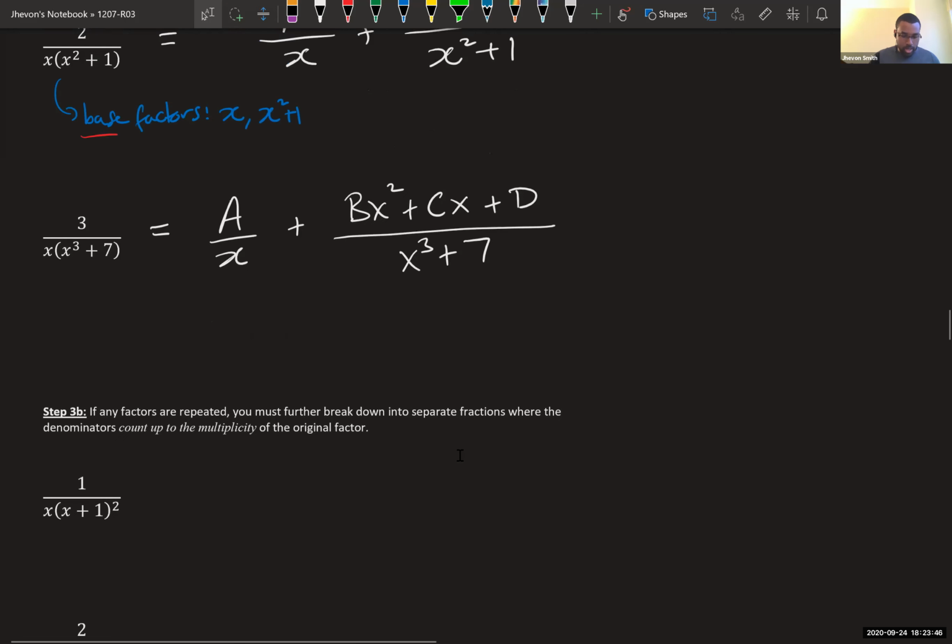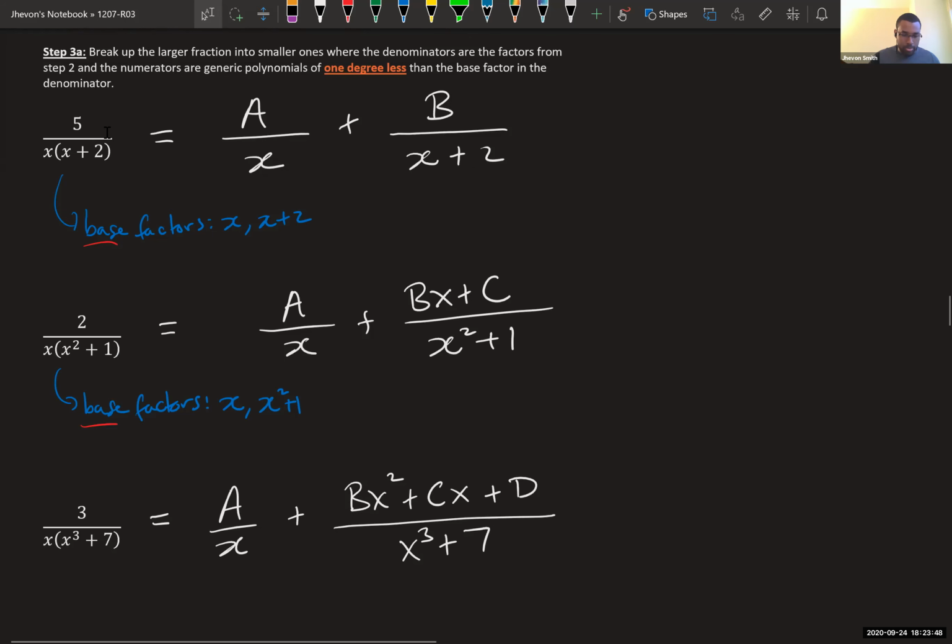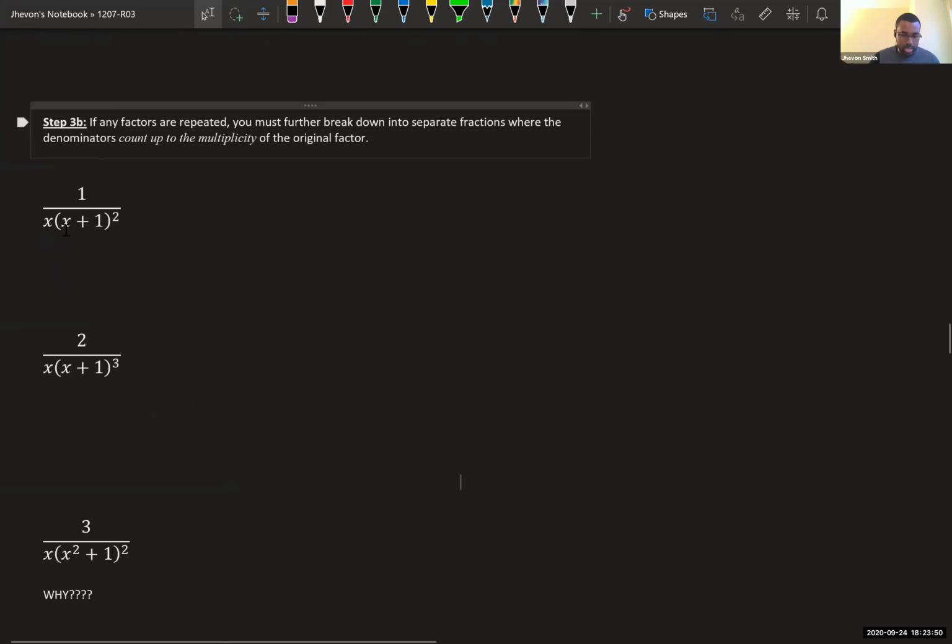Okay, let's look at this first example. It's very comparable to the first one here, except you will notice that the x plus 1 itself is squared, which means there is a base factor of x plus 1, but it's repeated. So there is a factor of x plus 1 in the denominator, but its multiplicity is 2. The important thing for you is actually the base factor. So the x plus 1 is the important thing.